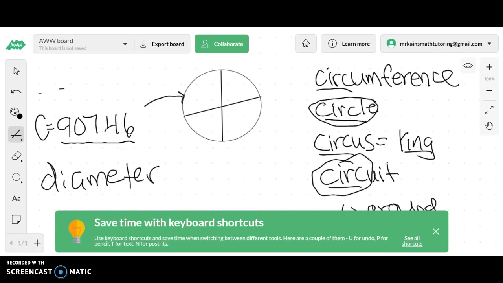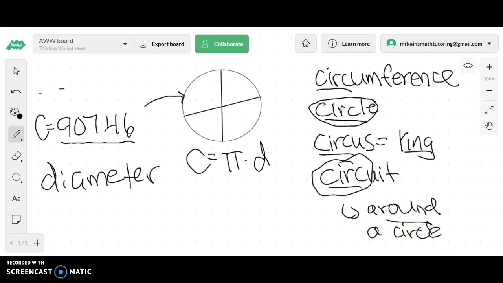So, to find the diameter, we need to know the formula for circumference. So the formula for circumference is circumference equals pi times diameter. Pi times diameter. And pi is an interesting number.